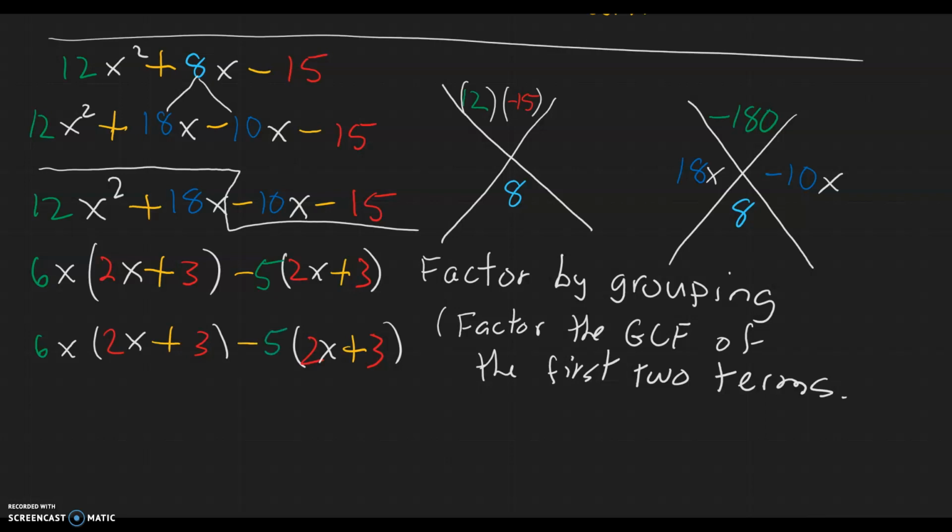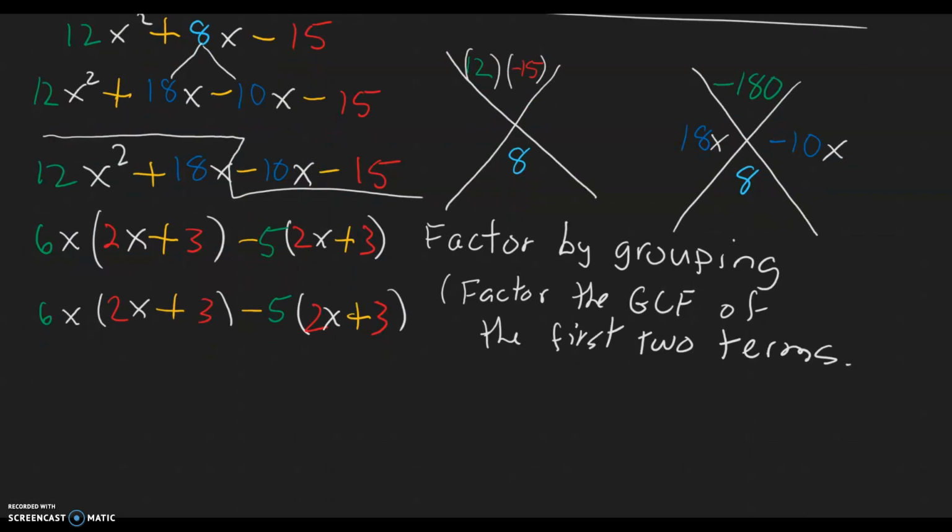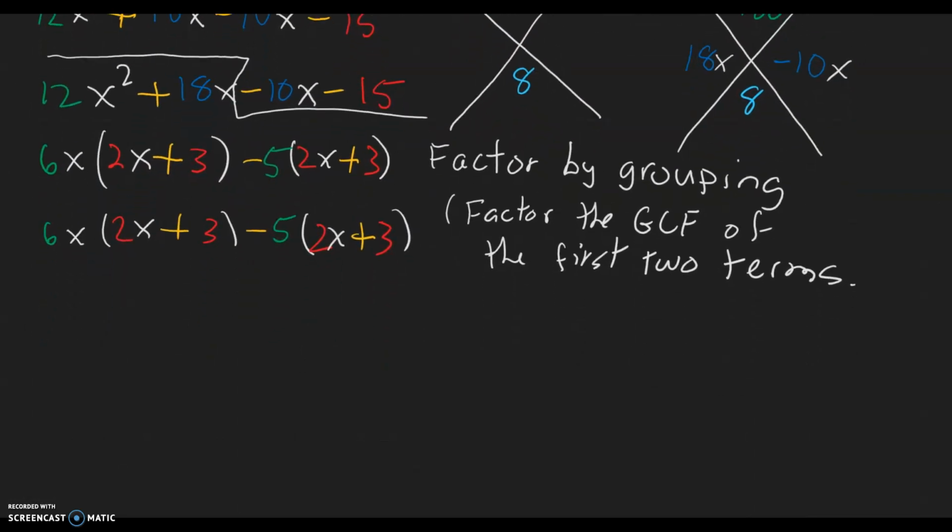So to help you understand what's happening, I'm going to pretend that this entire quantity of 2x plus 3 is really just a y. If I rewrite it one more time, I have 6xy minus 5y.